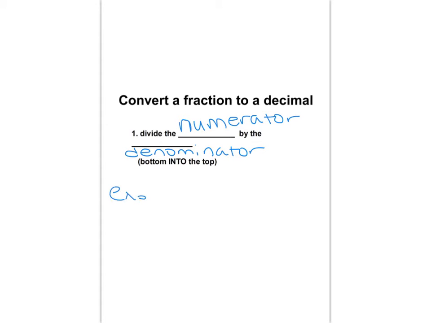So for example, the fraction 3/4, we divide the numerator 3 by the denominator 4. We must add a decimal and a 0, and we start dividing.